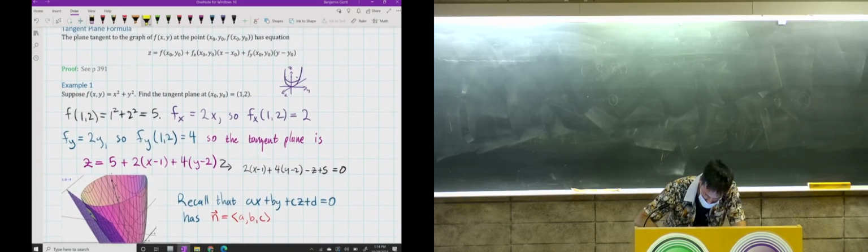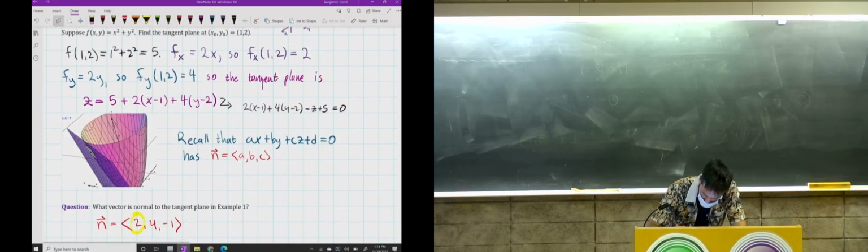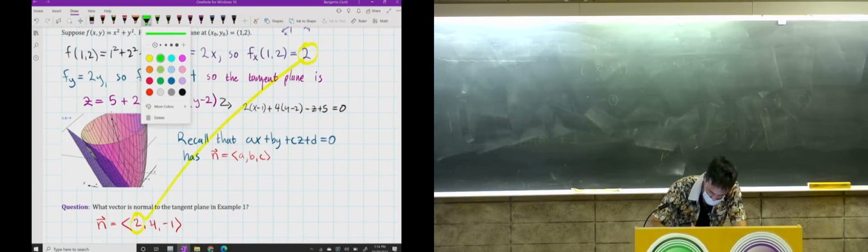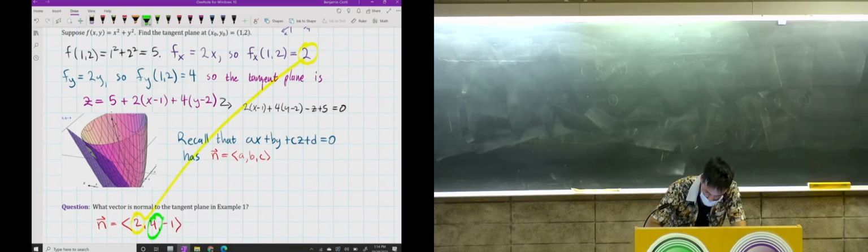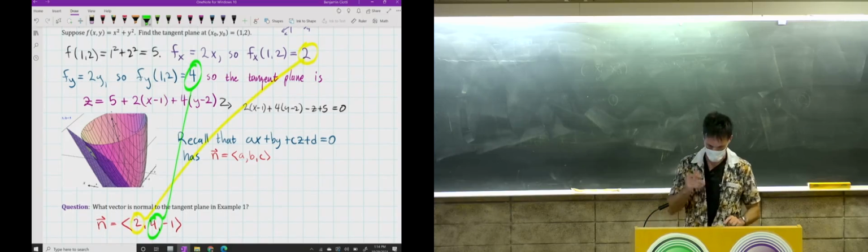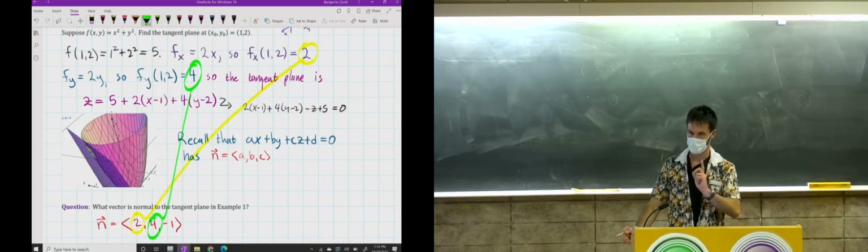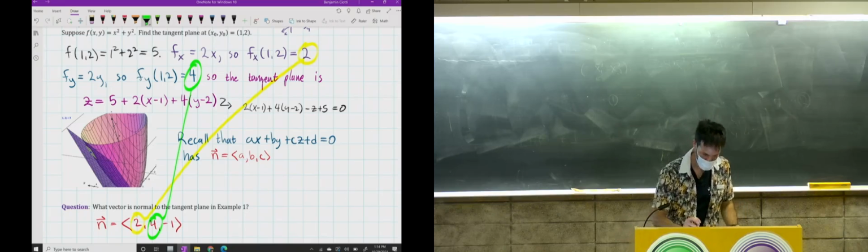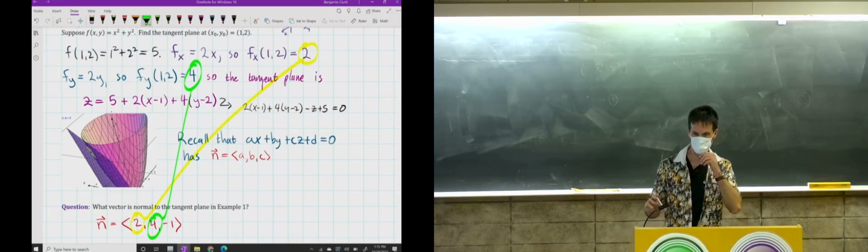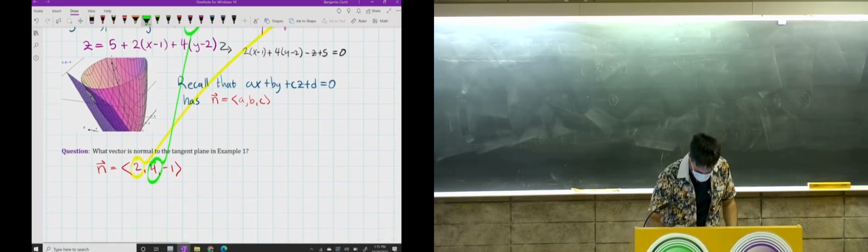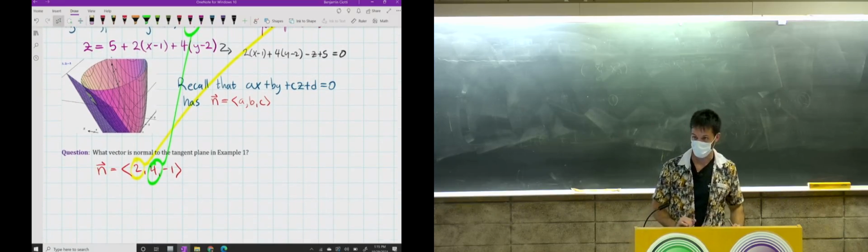And notice that the 2 there was the partial derivative of f with respect to x. And notice that the 4 there was the partial derivative of f with respect to y. And that's no accident. So I'm now going to give you a formula for the normal vector in general for any graph.